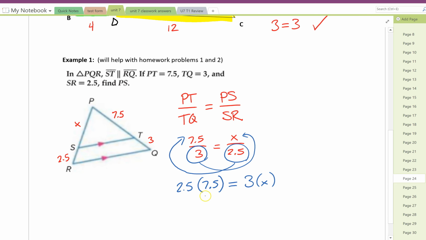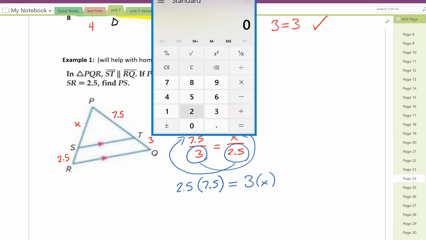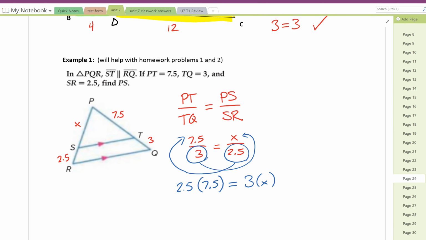So 2.5 times 7.5 is 18.75. That's equal to 3x. And from there, I would just divide both sides by 3. X is going to end up being 6.25.